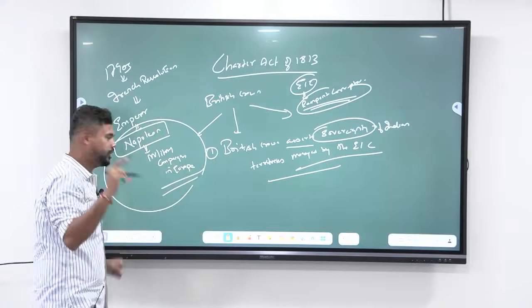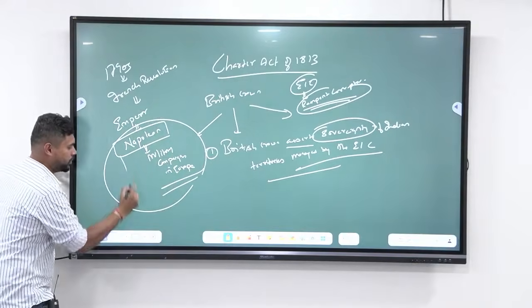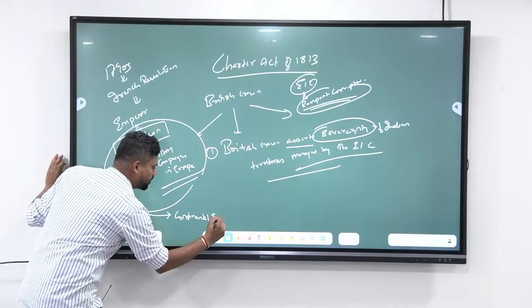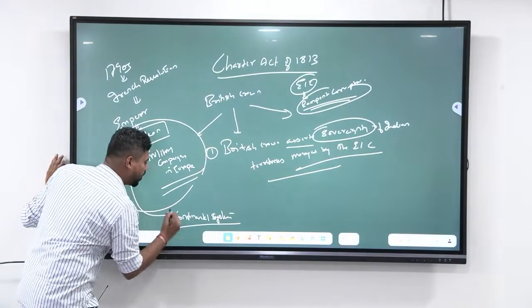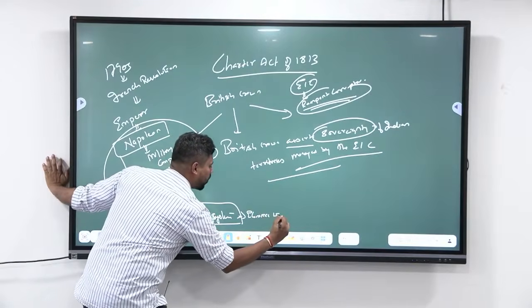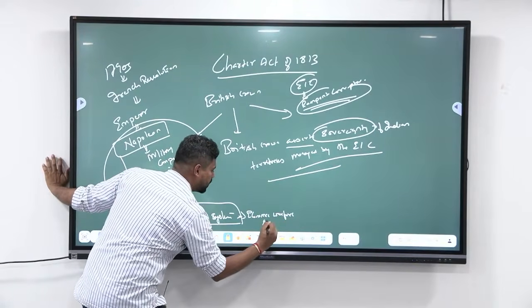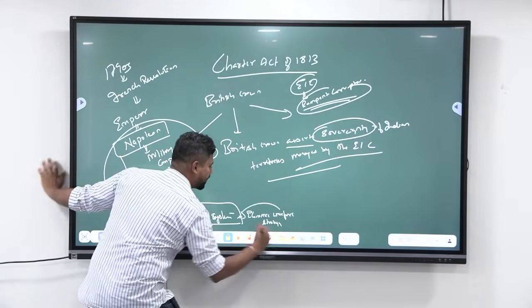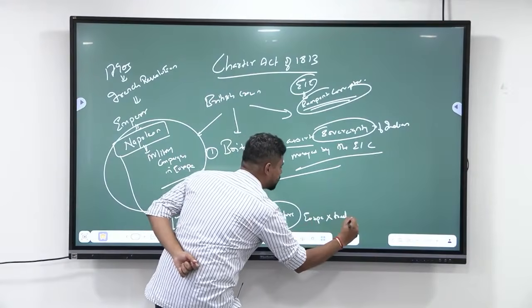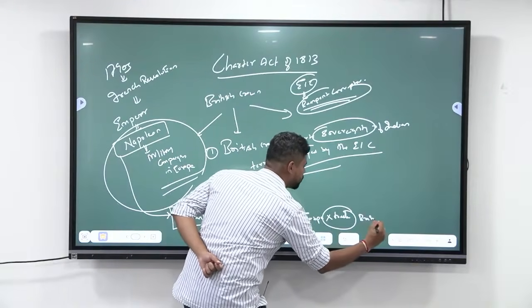The second is, coming back to this, Napoleon will introduce what you call the continental system. Continental system is nothing but an economic warfare strategy where he says that Europe should not trade with the British.